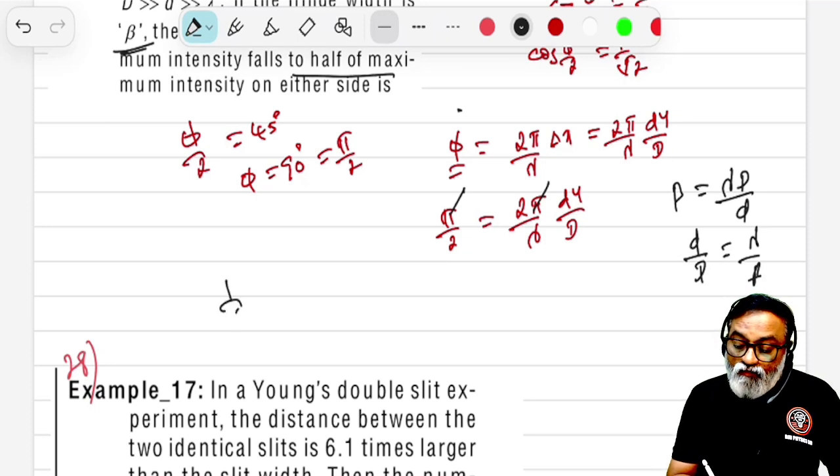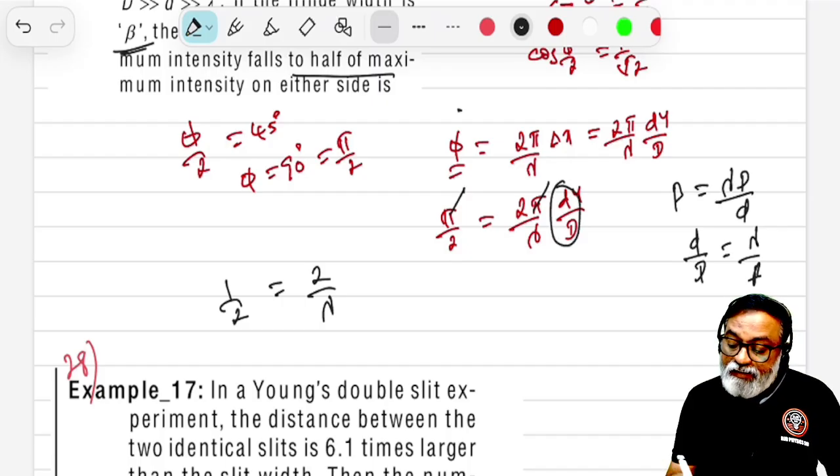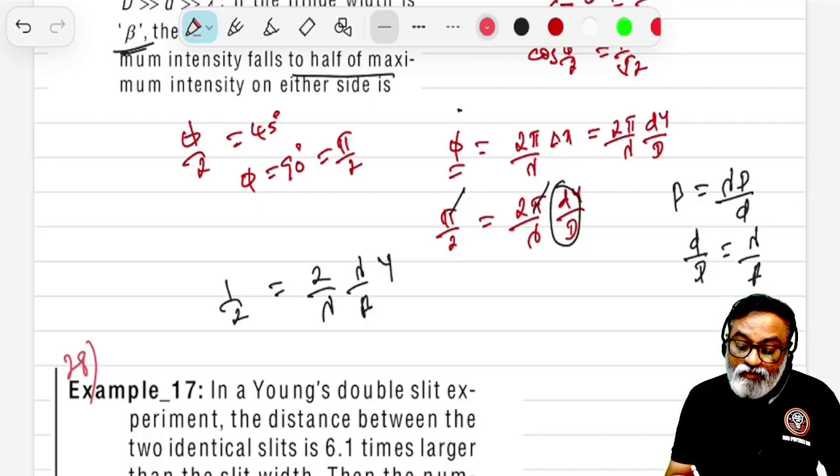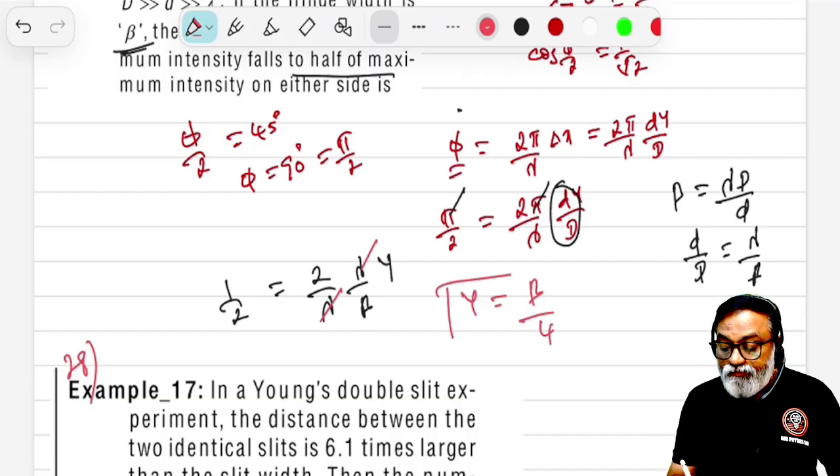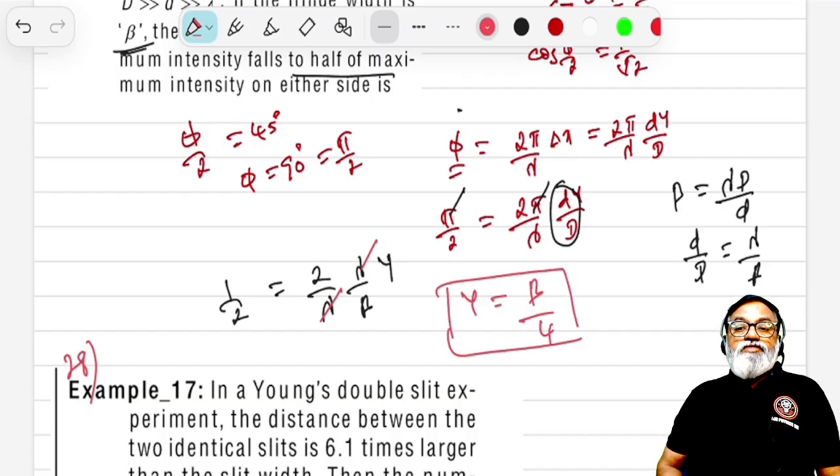Now 1 by 2 is equal to 2 by lambda into d by D, which is nothing but lambda by beta into y. Therefore, here this lambda gets cancelled. Therefore, y is equal to beta by 4. Therefore, at this distance from the center of the screen, the intensity is reduced to half of the maximum intensity.